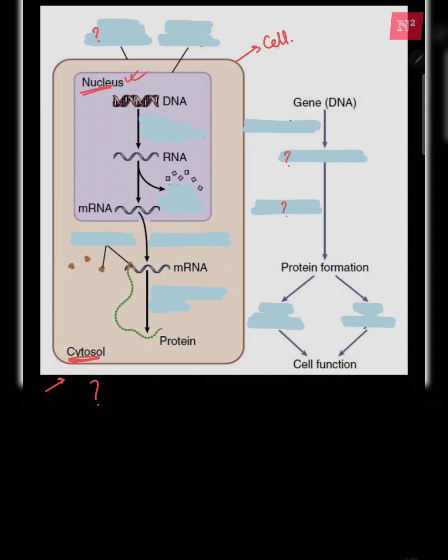So let's name the parts of the cell. The outer border of the cell, we say, is the plasma membrane, or the cell membrane. This is the nucleus, and the membrane that is covering the nucleus is called the nuclear envelope or nuclear membrane.